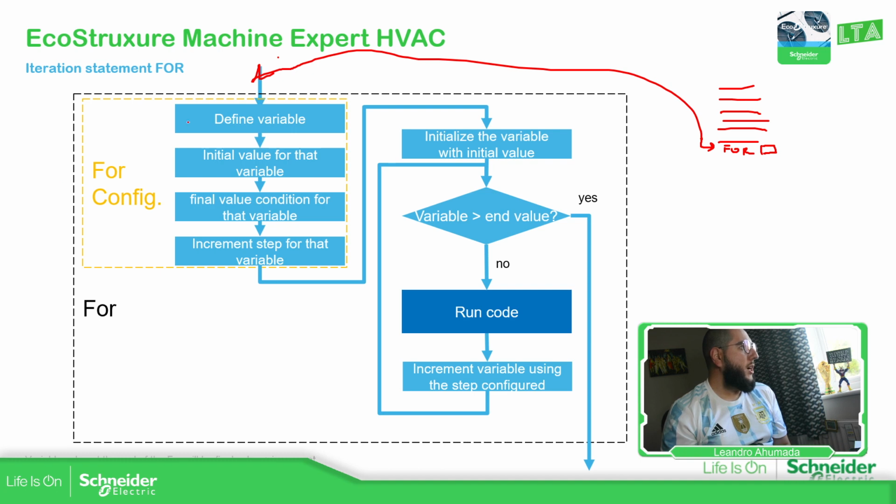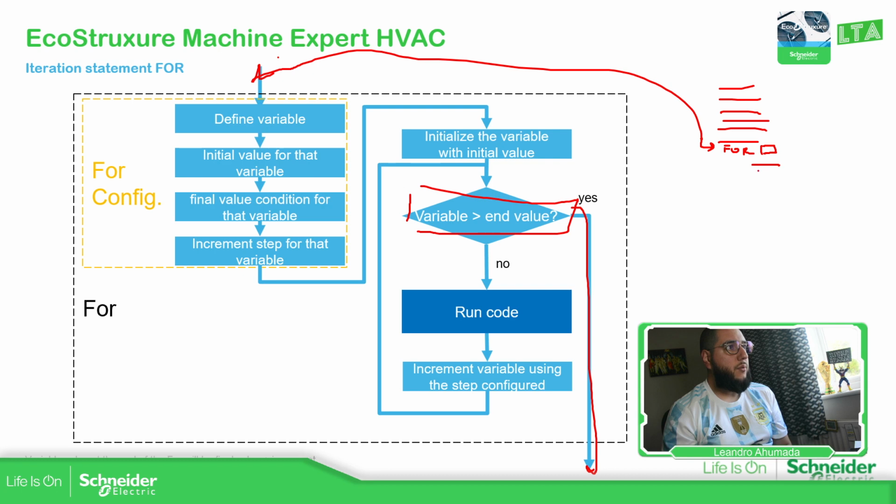As soon as we have this, the FOR will initialize the variable with the value that we have defined, and then it will check if the variable is bigger than the end value that we have. If not, then it will run the code and increment by one, or the step that we have used, to the variable, and then it will check it again. As soon as this condition is true, it will get out of the FOR.